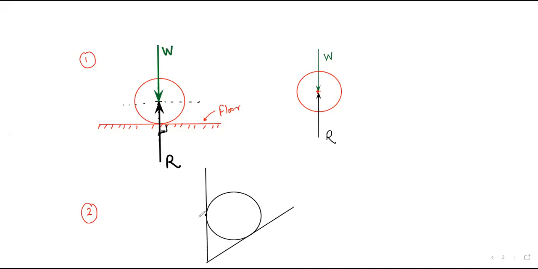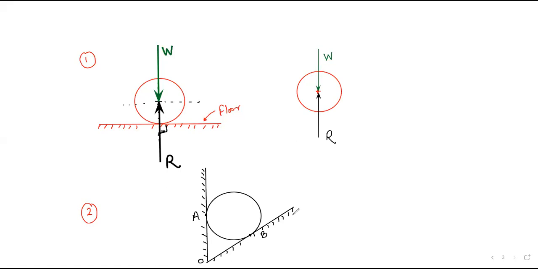Here the sphere comes in contact with this surface at point A. Here the sphere comes in contact with this surface at point B, and suppose this is point O. These two are the floors, the surfaces, so I will show them like this. Normally we show the surface like this. Sometimes in the examination they won't give you the line like this, but you should understand that the surface is given. The floor is there. So now we want to draw the free body diagram of this sphere.